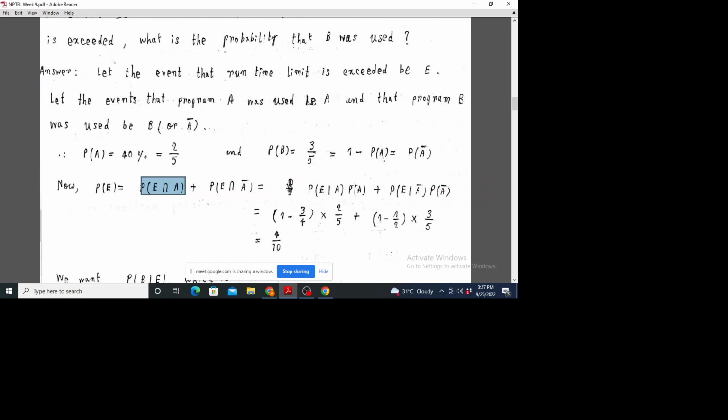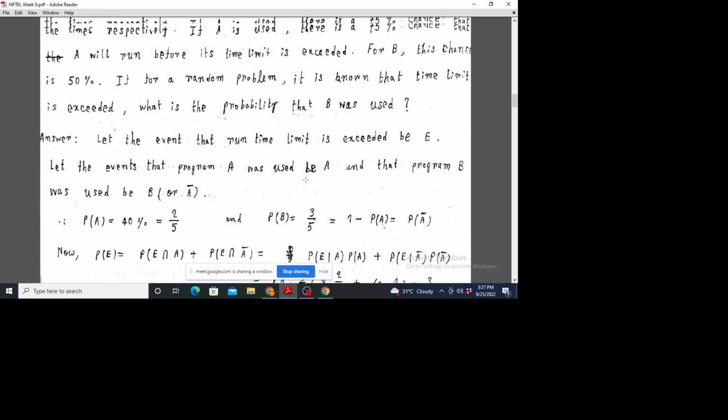Similarly for the second term, you have to use the definition of conditional probability. Okay, and why are we using this definition of conditional probability here?